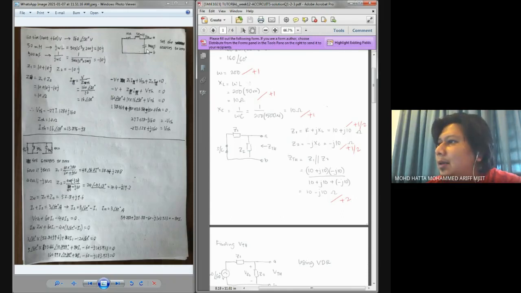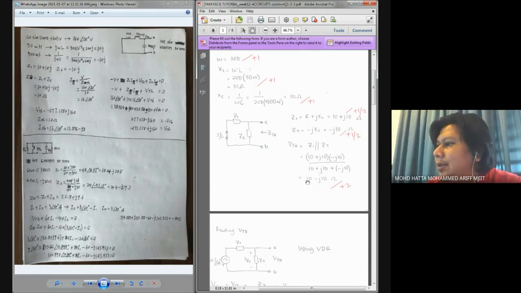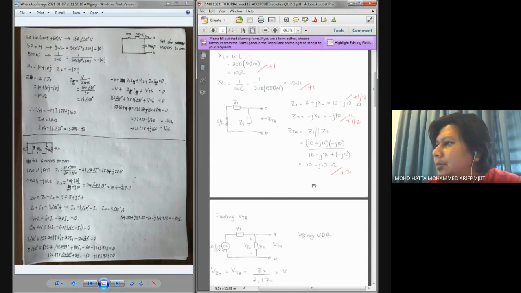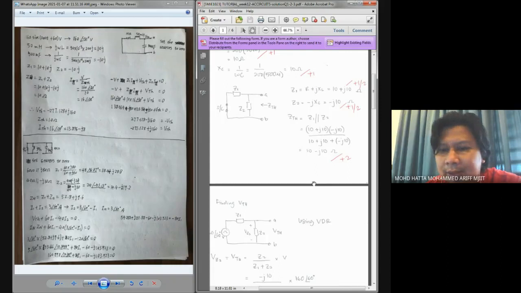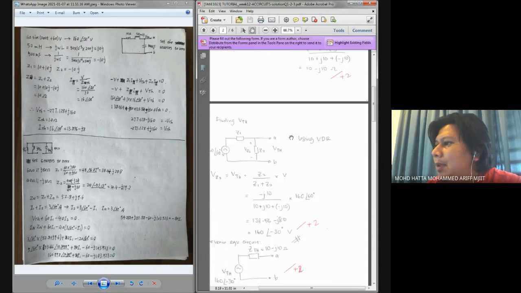And this is the other element, Z2, which, by right, is connected in parallel with Z1. And towards the end, your answer should be 10 minus J10. All right, we're done with our ZTH, and later on we try to calculate VTH.